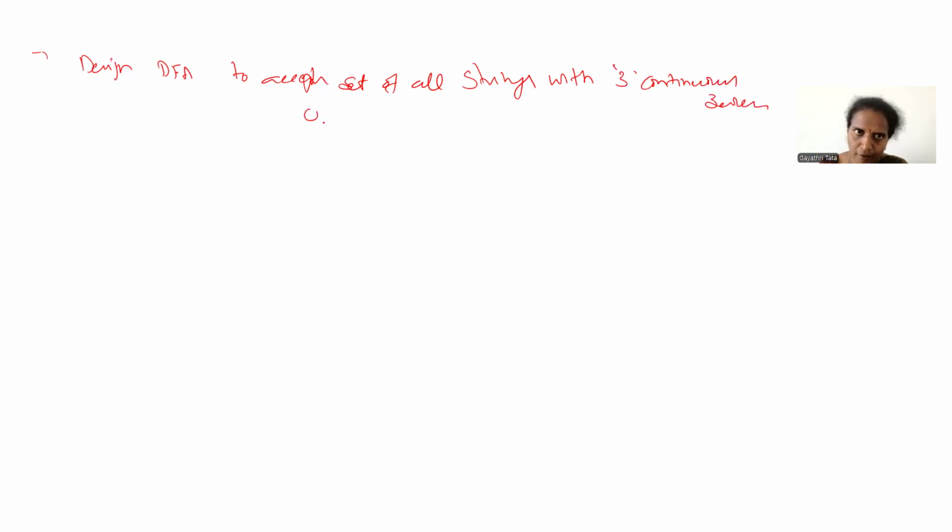Okay. Over alphabet. They're only giving that alphabet is a zero. Okay. See, after reading this statement, what is your input alphabet? 0, 1. But in the string, we have to maintain the three continuous zeros.